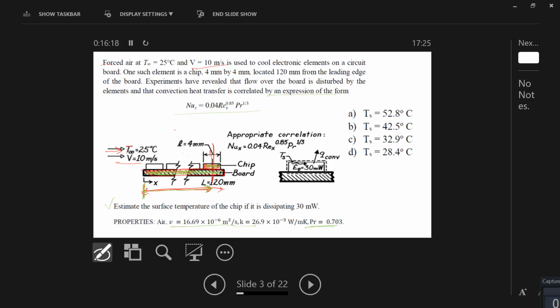Now what have they asked to find out? They have asked to find out the surface temperature of the chip if it is dissipating 30 milliwatt. That means Q is given. It is dissipating this much.